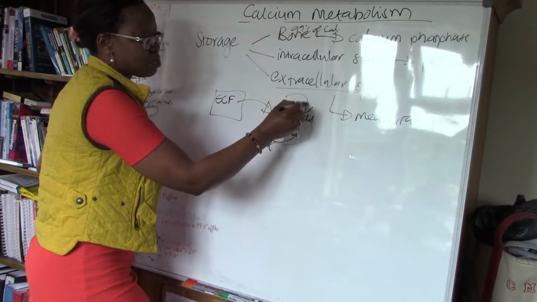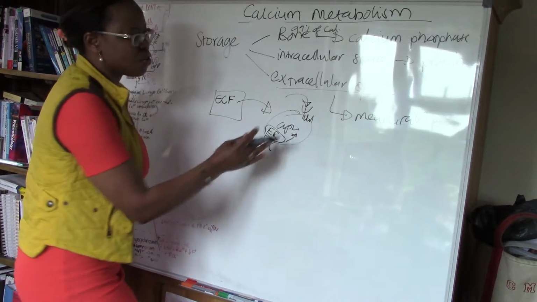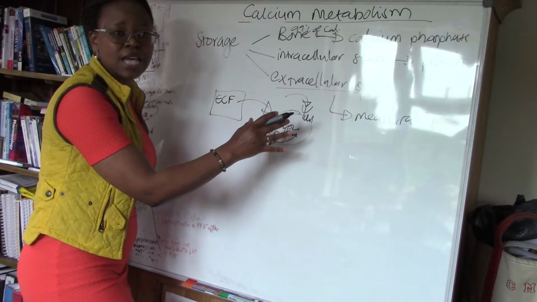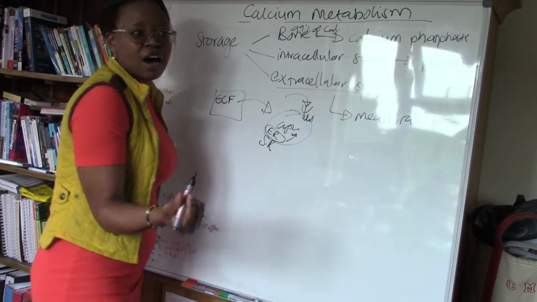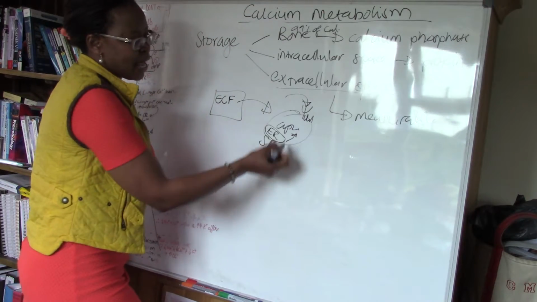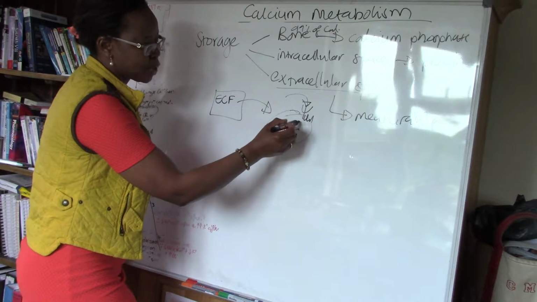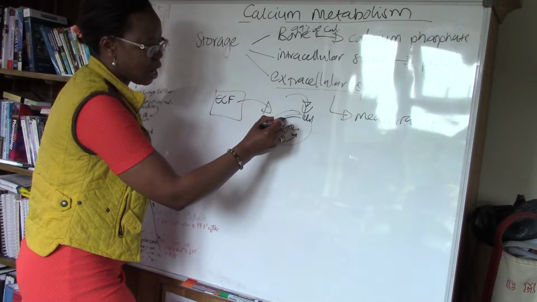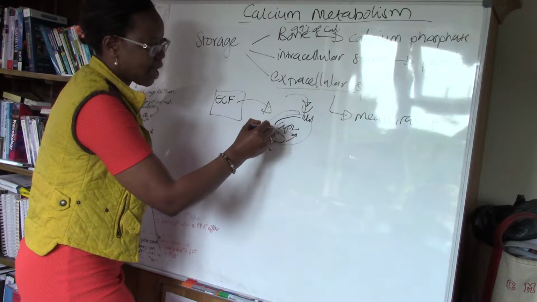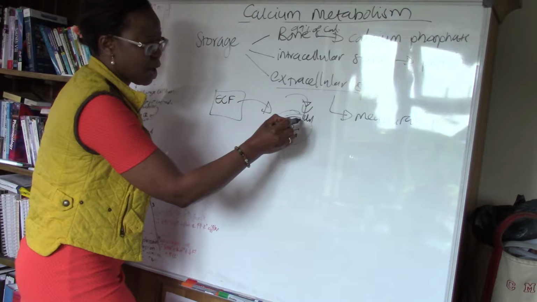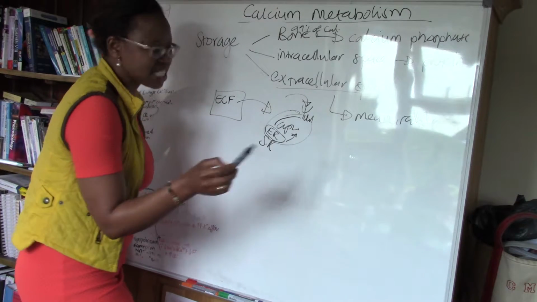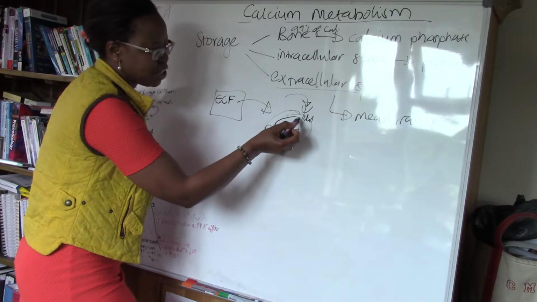Once it gets bound by anything, it could be adrenaline, and once phosphorylation occurs, calcium can then activate kinases.